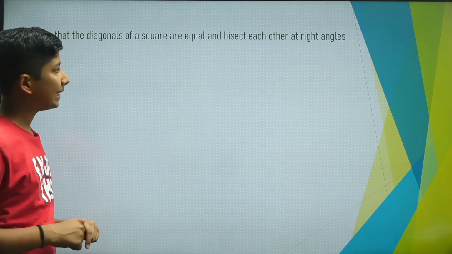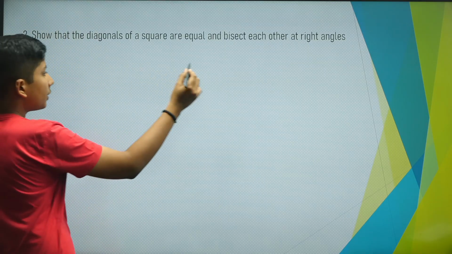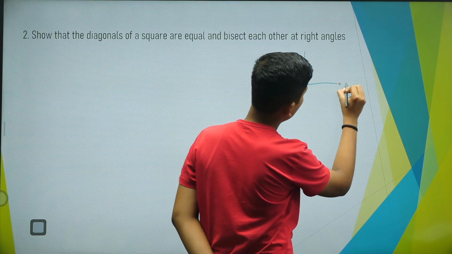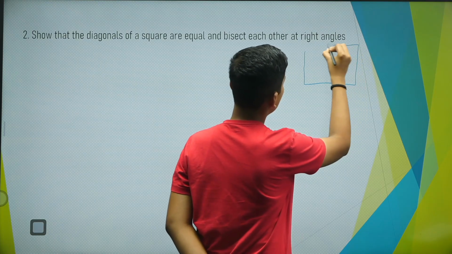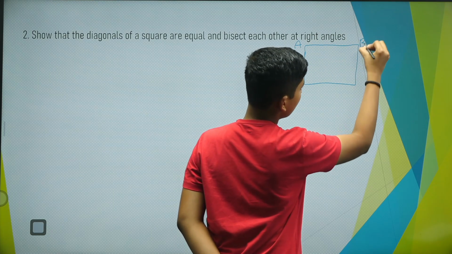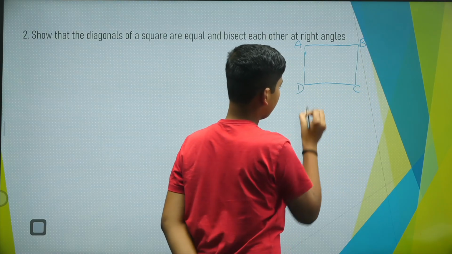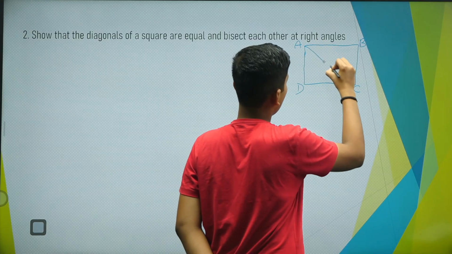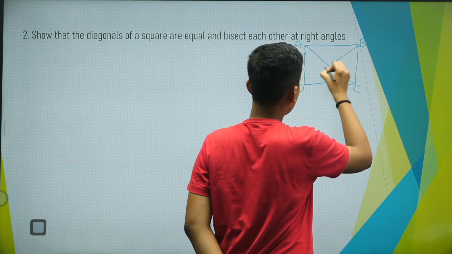First of all, let's make a square over here. This is square ABCD and we make its two diagonals.